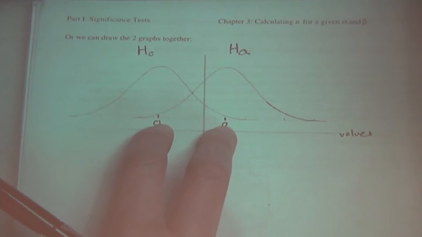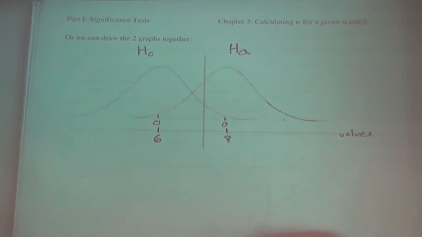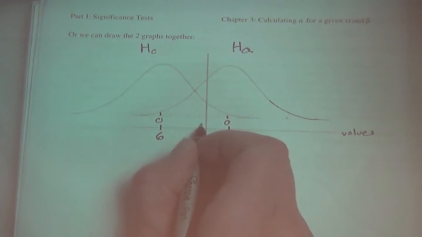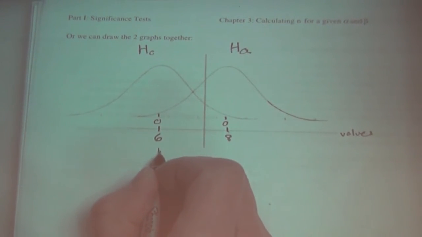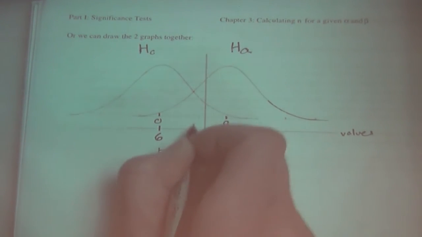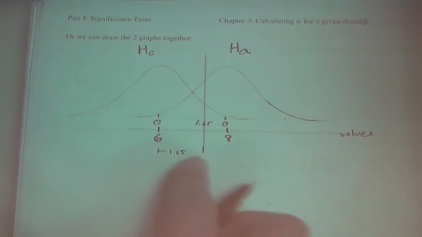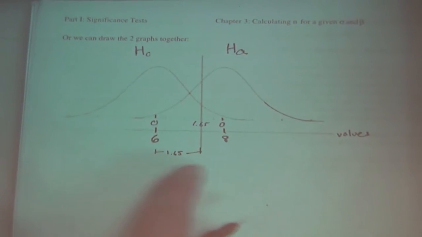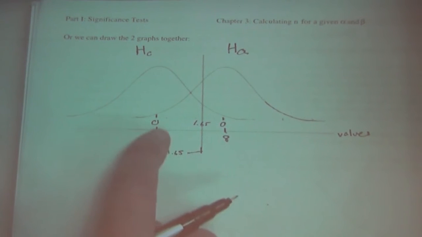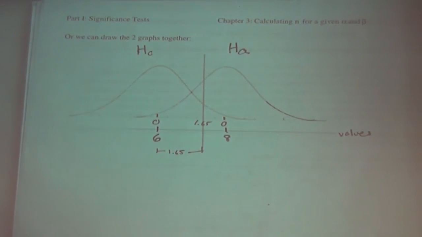But what is it in terms of z-scores? Can you see what it is in terms of z-scores? Well, this z-score from here to here is 1.65, correct? That was 1.65. Isn't that distance 1.65? Now let's think what this distance is.